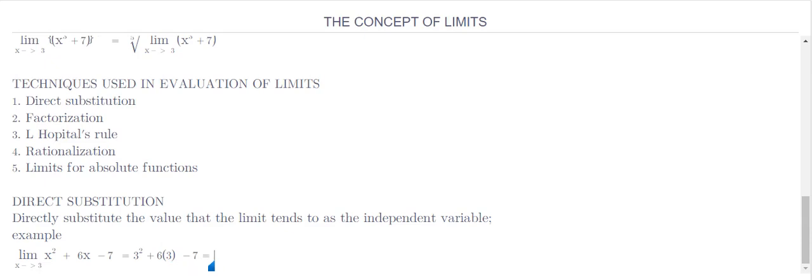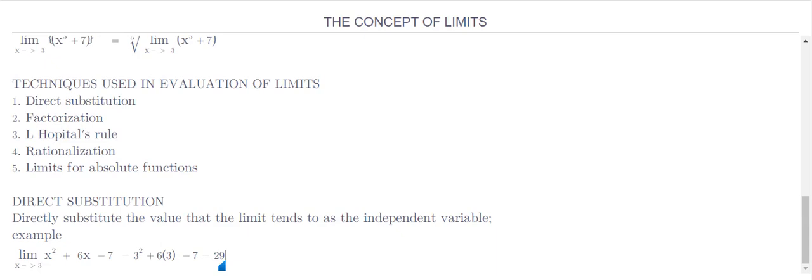You'll be getting a value of 29 when you solve that using calculator. That's how direct substitution works. Very direct, very simple, and very easy. Just take the value of x there.